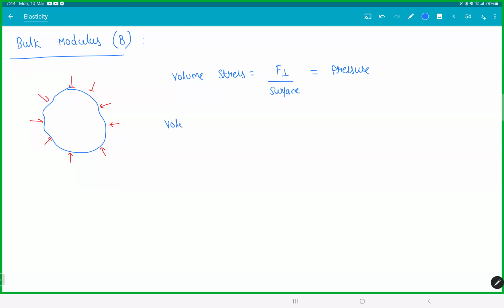Then we define volume strain, which is change in volume by V, the change in volume from natural volume.